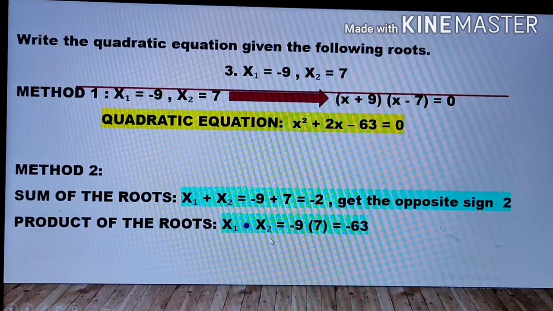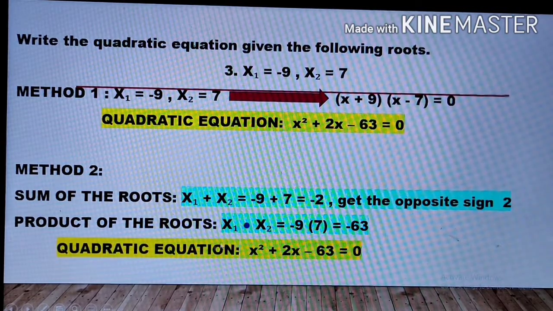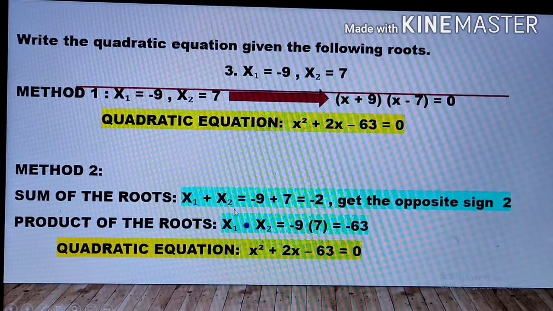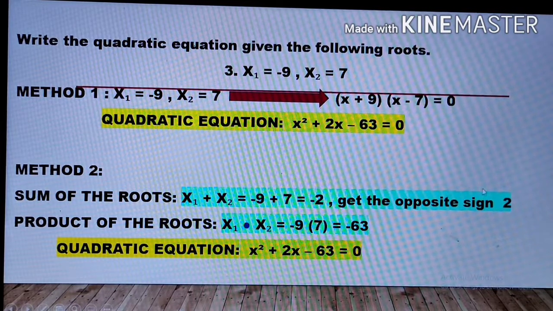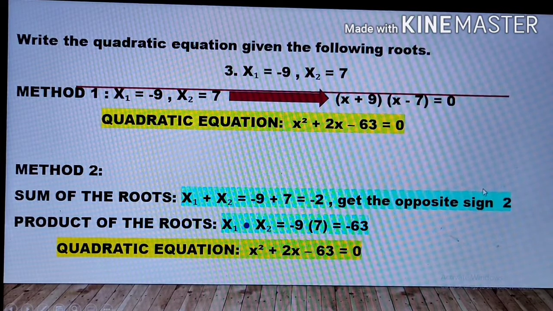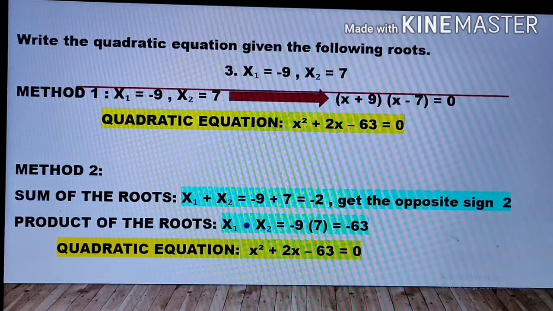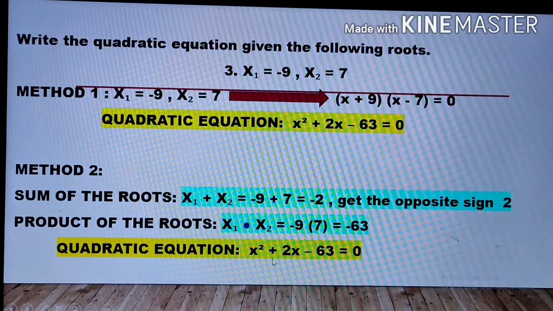Then, after that, quadratic equation na. So, x squared, first term is the x squared. Then, ang sum of the roots, siya yung middle term. Siya yung second term. Okay. So, ang final answer natin, diba, is positive 2. So, plus 2.